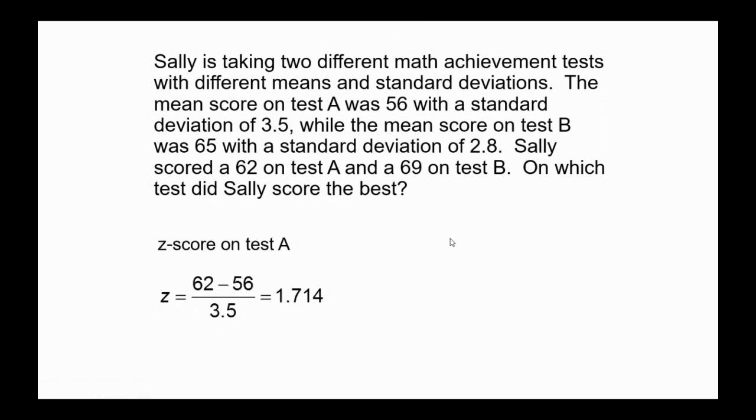So that calculation would look like that. I'll give y'all that one for test A. So 62 minus 56 divided by 3.5. That gives us the z-score, that's right.